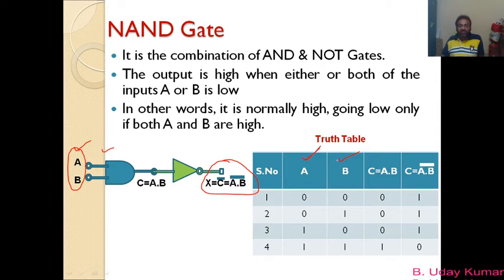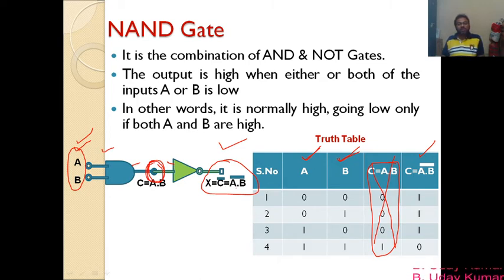You can forget about this, because this is the output of the AND gate that you get in between. Is that clear? This C is the output of the AND gate and also the input of the NOT gate, but the inputs of the NAND gate are A and B, and the output of the NAND gate is x equal to c bar, which I can also write as a dot b bar.